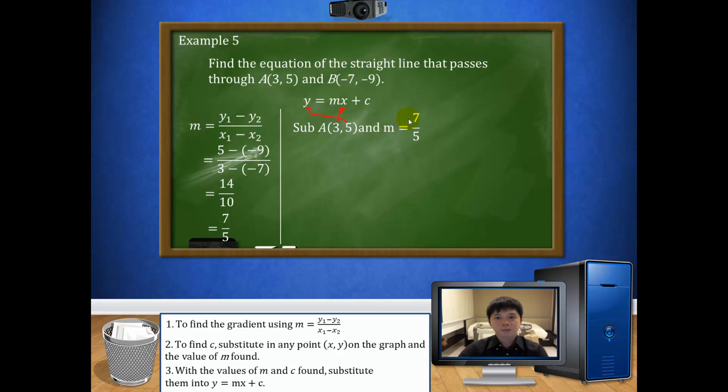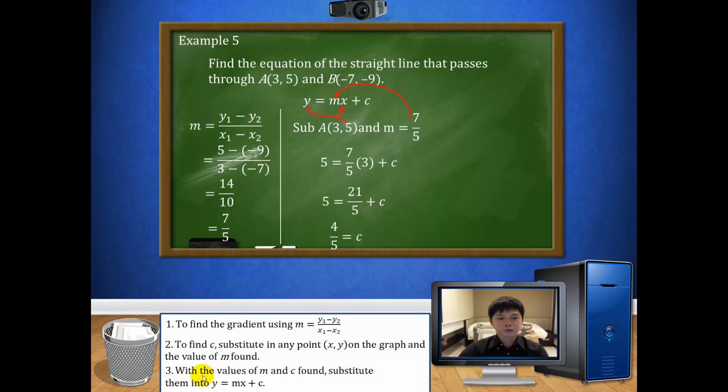Finally, the value of m will be substituted into here. After doing so, we will have 5 equals 7 over 5 multiplied by 3 plus c. Simplifying, we will have 5 equals 21 over 5 plus c. Subtracting 21 over 5 on both sides, we will find the value of c, which is 4 over 5.